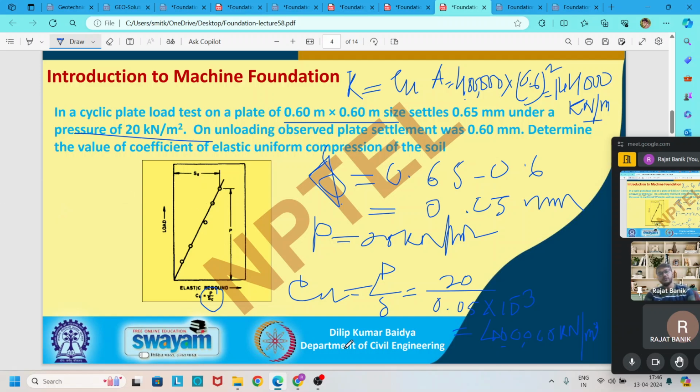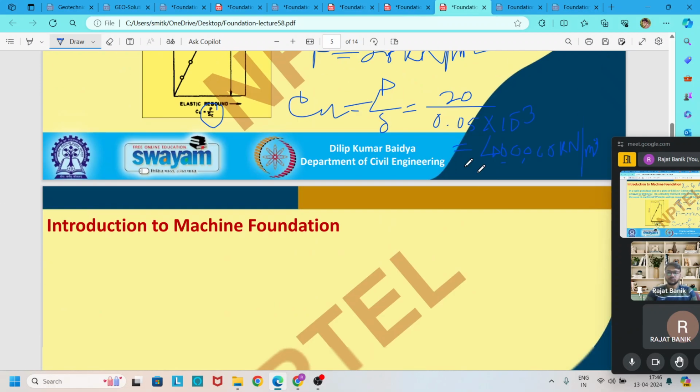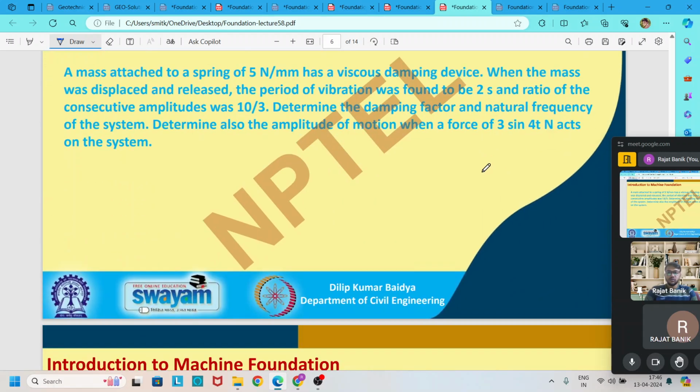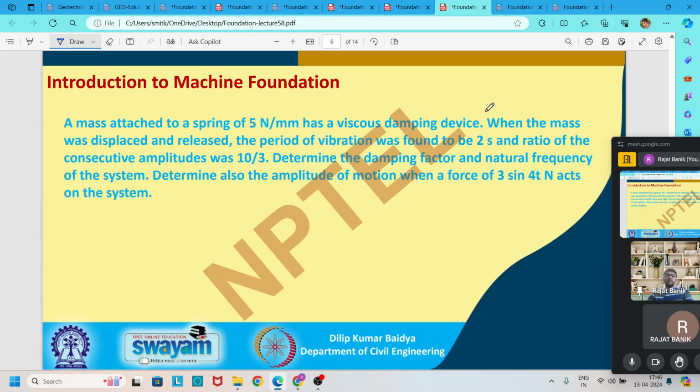Now moving to the next question, which says that a mass is attached to a spring of 5 Newton per mm. So the spring coefficient is given as 5 Newton per mm, and it has a viscous damping device. When the mass is displaced and released, the periodic vibration was found to be 2 seconds.